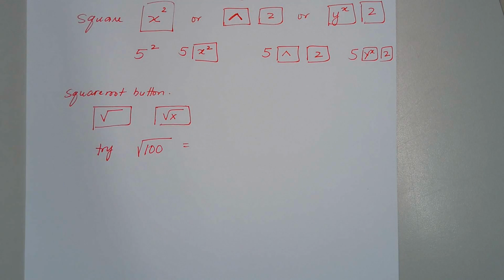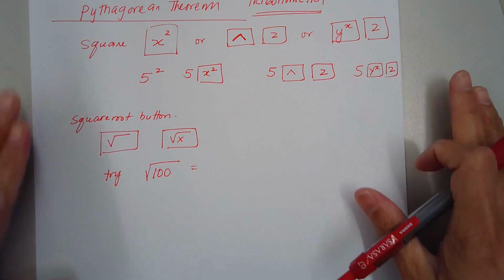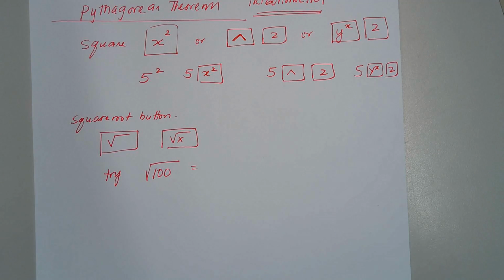The square root of 100 is 10. Did everybody get 10? Good. Awesome. So the reason why we're doing this first is getting to know your calculator, the square root button and the square button: squaring and square root.